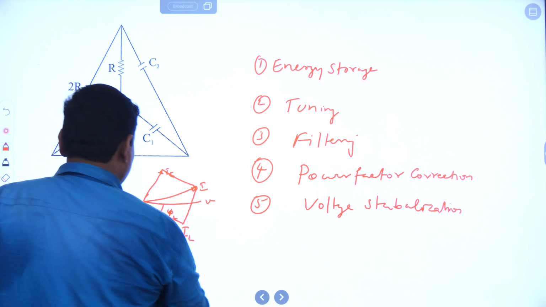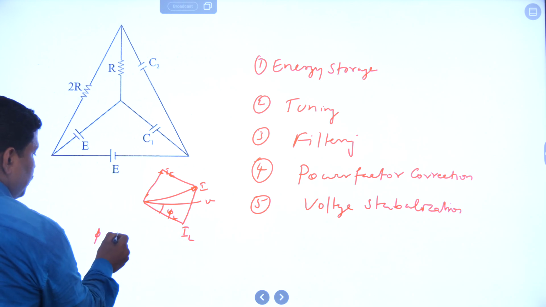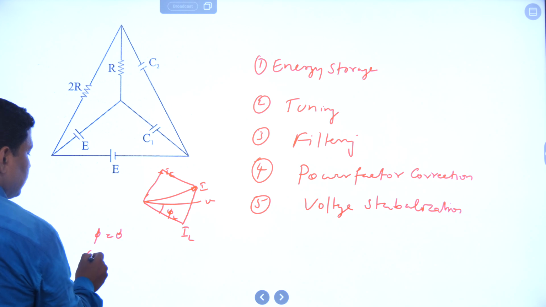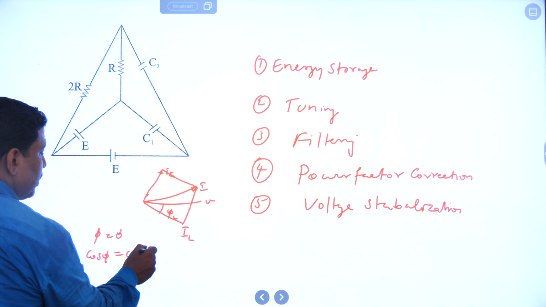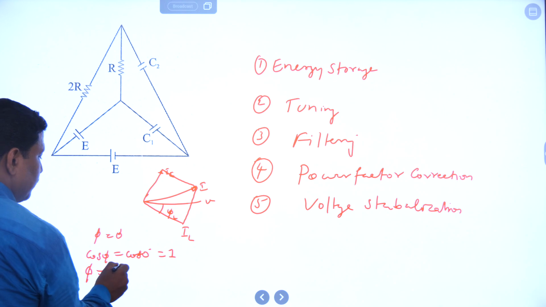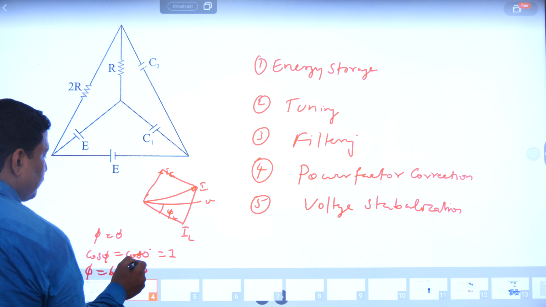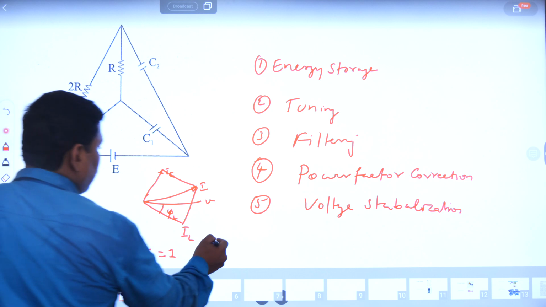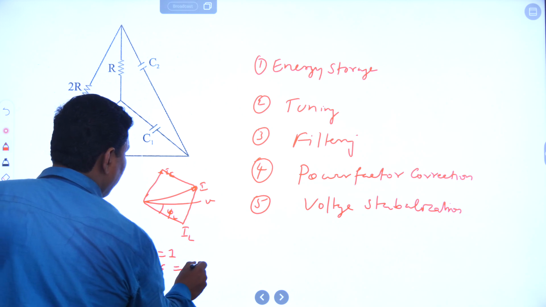Clear? Suppose the phi value is 0 degree, then cos phi equals cos 0 equals 1. Suppose phi equals 60 degree, then cos 60 equals 0.5.